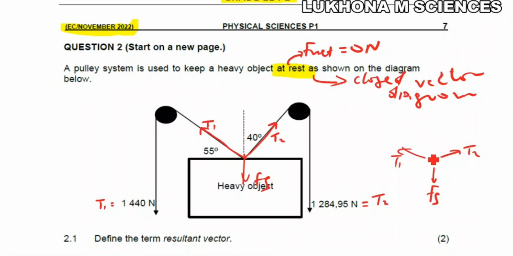Okay, so for a closed vector diagram, we are drawing a triangle. A triangle with angles, as we can say, A, B, C. Using a triangle, we are going to use the sine rule: angle A divided by the side opposite to A, that is small letter a, is equal to angle B divided by the side opposite to this angle, small letter b.